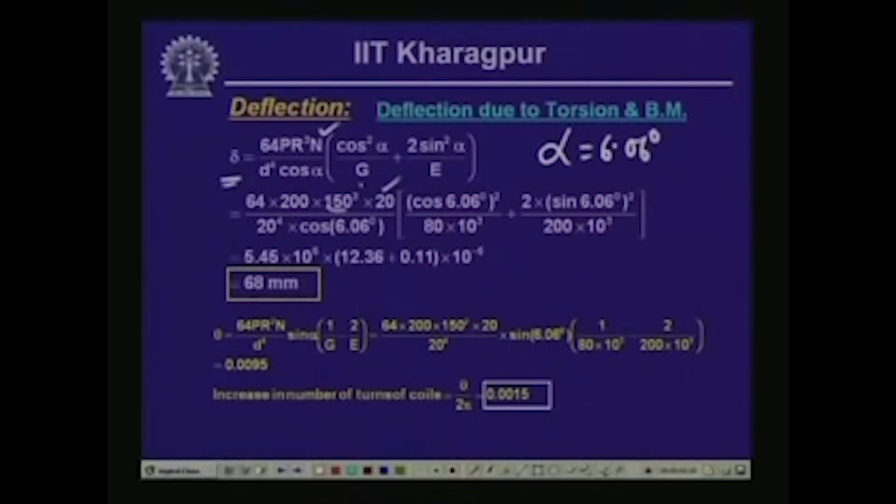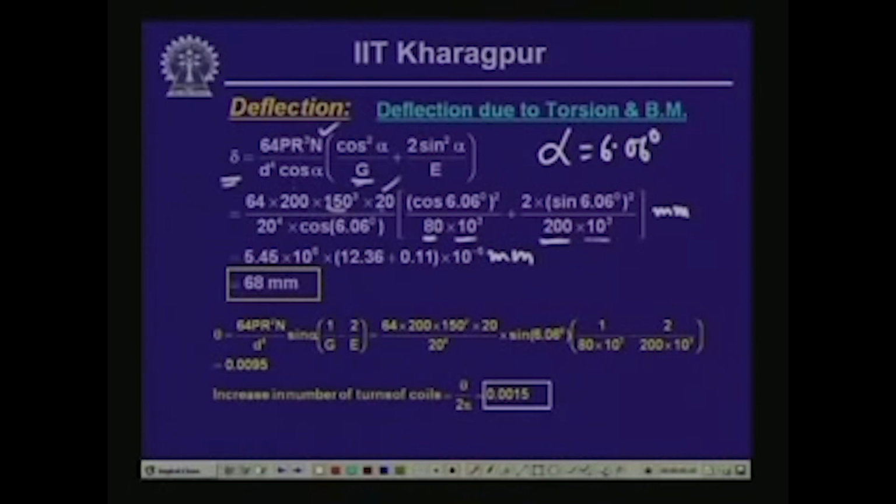And G, the shear modulus, equals 80 gigapascal. So, that is converted into megapascal, and E is 200 gigapascal, which is 200 into 10 to the power 3 megapascal. So that everything is in terms of Newton and millimeter. Therefore, this value of delta is in millimeter.